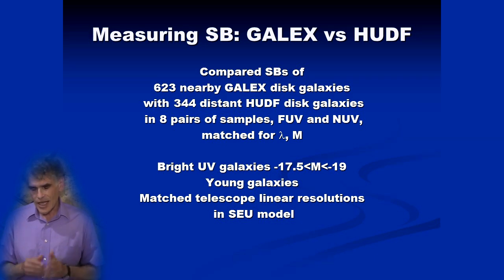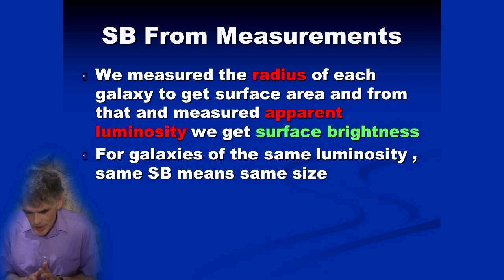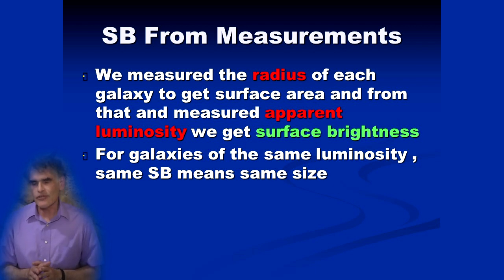So what did we find? Just to be clear, we were measuring the apparent size and the apparent luminosity, so direct observables, to get the surface brightness. Mathematically, that's the same as measuring the angular size at a given luminosity, or the linear size in a given model.